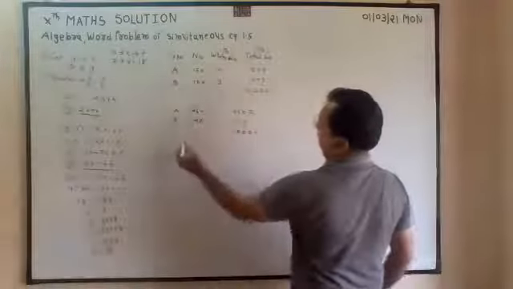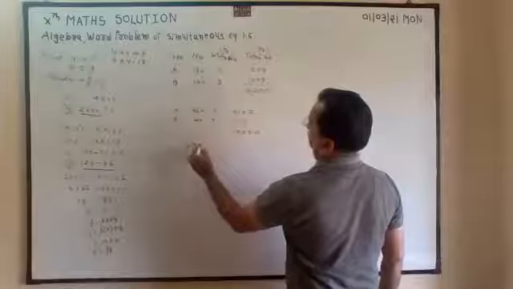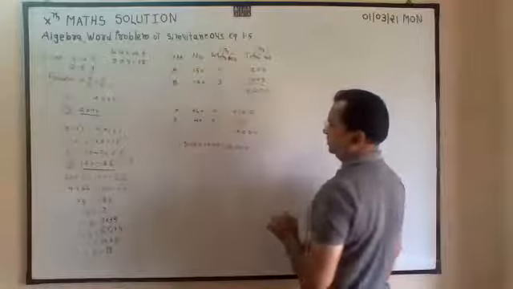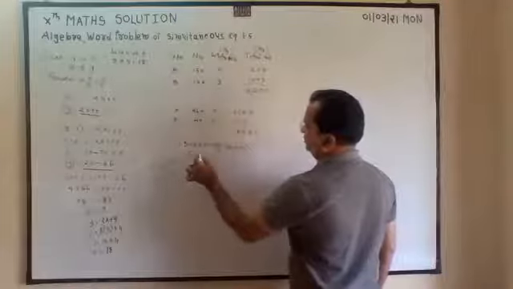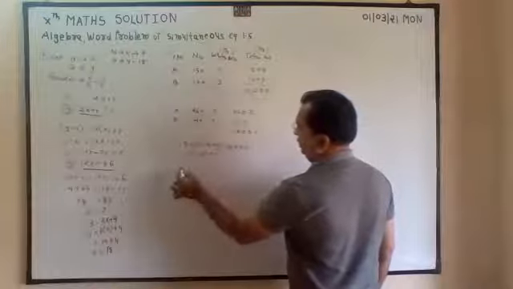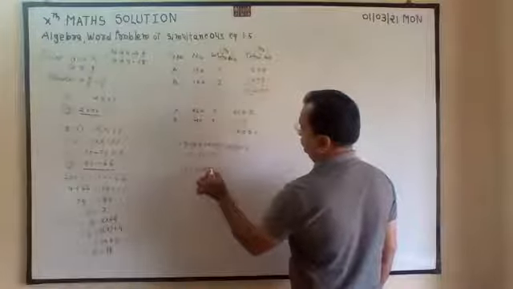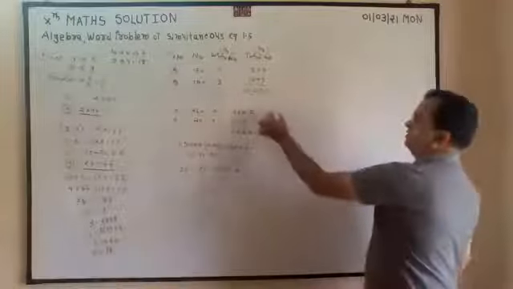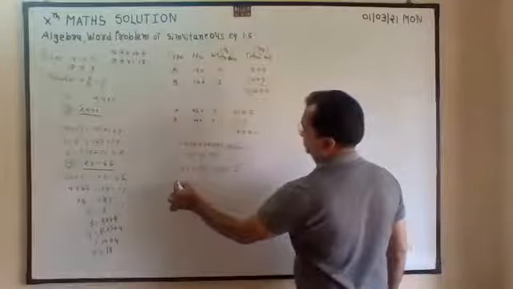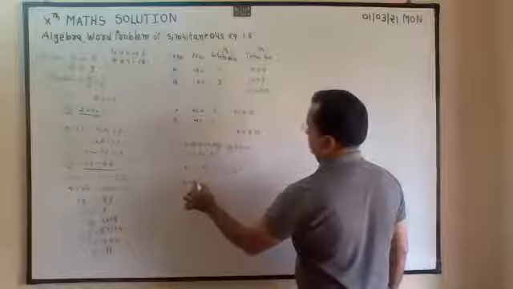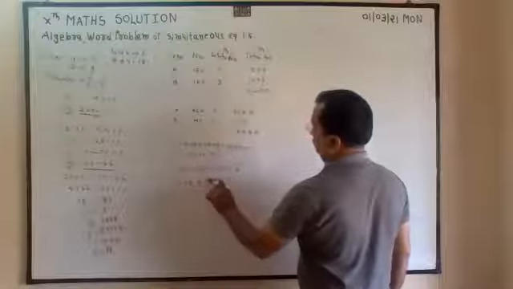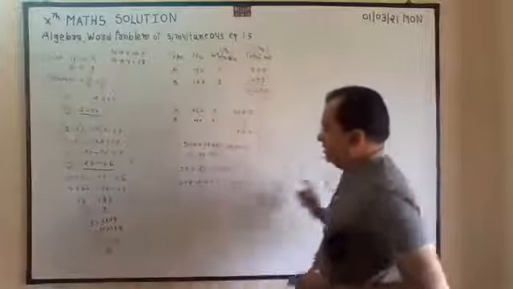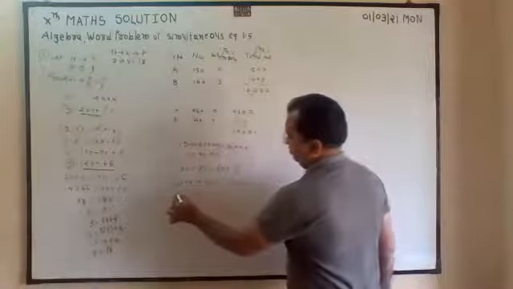So by this first formula, 150x plus 100y is equal to 10,000. Divide by 50. 3x plus 2y equals 200. By this, 260x plus 40y, correct, divide by 20.